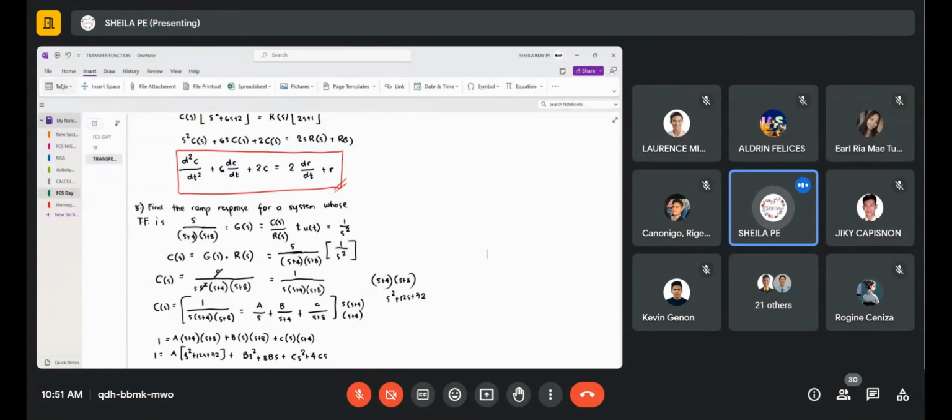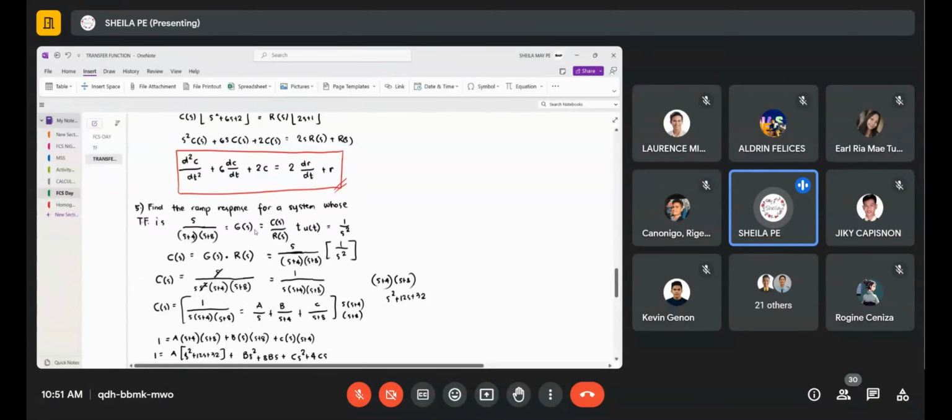Okay. So, di ba natay given G(s)? This is the given transfer function, which is G(s) equals s over (s plus 4)(s plus 8). Now, we need to have the response. In response, it should be c of t, in time domain.